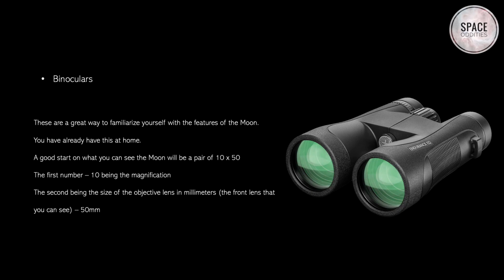And the 50 is the diameter of the objective lenses at the front of the binoculars in millimeters, so you've got 50 millimeters diameter. They can come in much smaller or bigger sizes. Obviously, the larger the number, the more light gathering power you can obtain, and because of that you'll be able to see much fainter objects more easily through the eyepiece and see them a lot clearer.